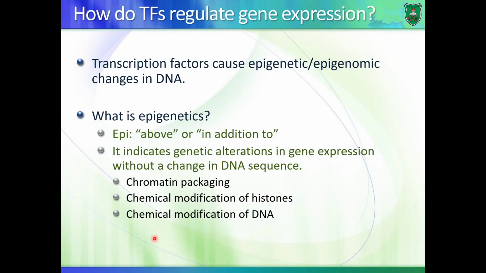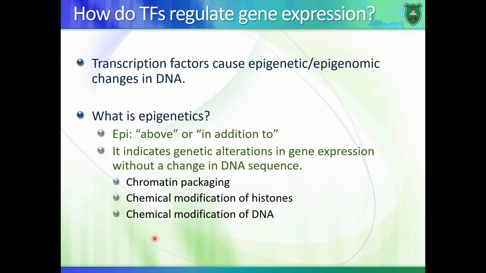Okay, now, so how do transcription factors regulate gene expression? What transcription factors do is that they cause what is known as epigenetic or epigenomic changes in DNA. So what do we mean by epigenetics or epigenomics? Epi means above or in addition to.